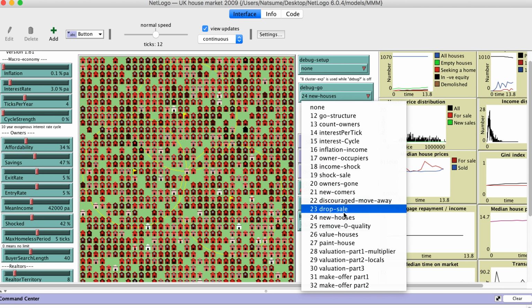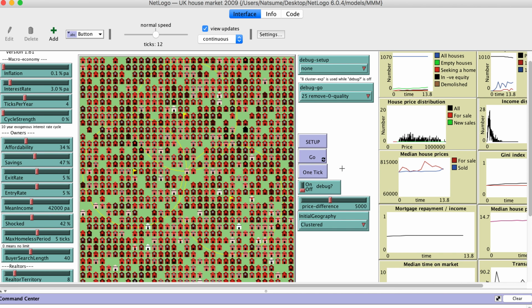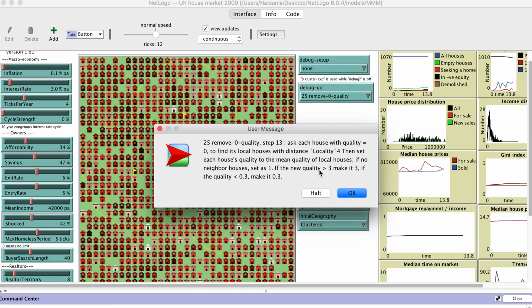Now let's move on to the 25th part. Remove zero quality. What it does is that it will ask every single house for their qualities. And we were specifically looking for the houses with quality equal to 0. Why quality equal to 0?